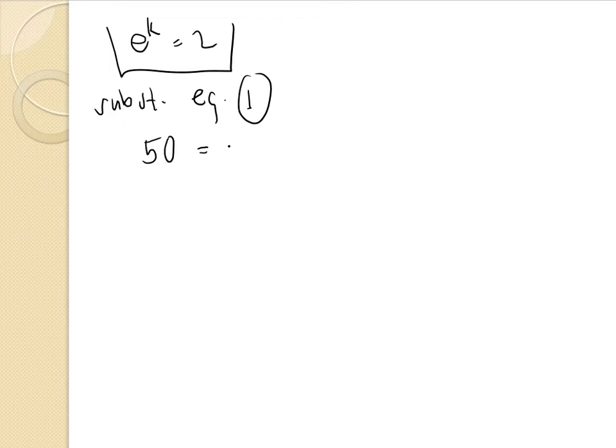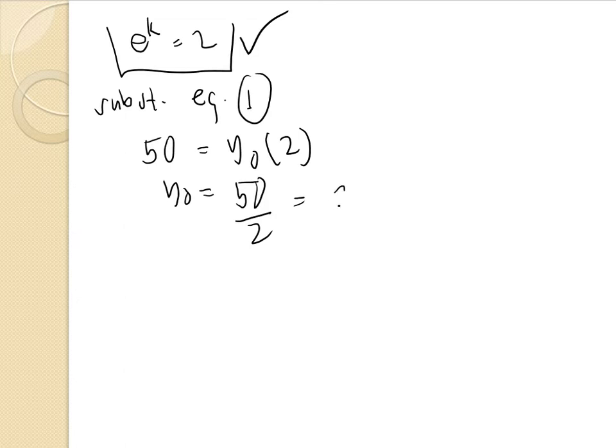This is equation 1, and yung kanyang e^k ilalagay na natin yung 2. So masosolve na natin yung y sub 0. Y sub 0 is 50 divided by 2 or 25. Nakuha natin yung sagot doon sa unang tanong. So, the original number of flies before they grew is 25.